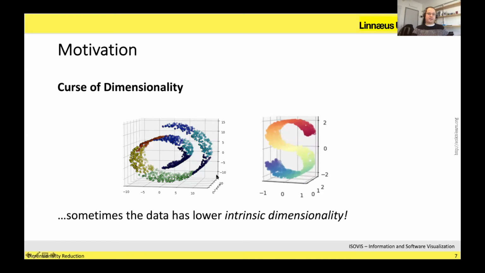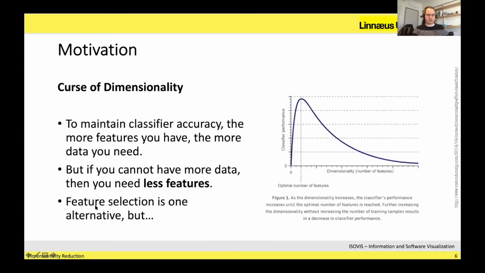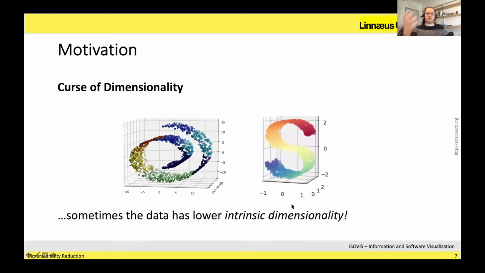This is just an example of what I was talking about. I said feature selection is one alternative, but sometimes the data has lower intrinsic dimensionality. These are very simple examples of intrinsic dimensionality in a data set. This is a 3D Swiss roll, and this is a 3D S curve, right?